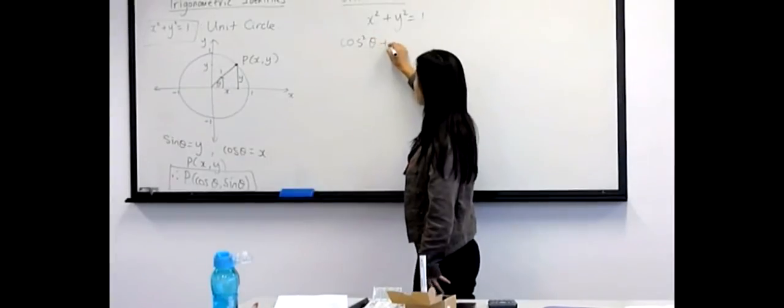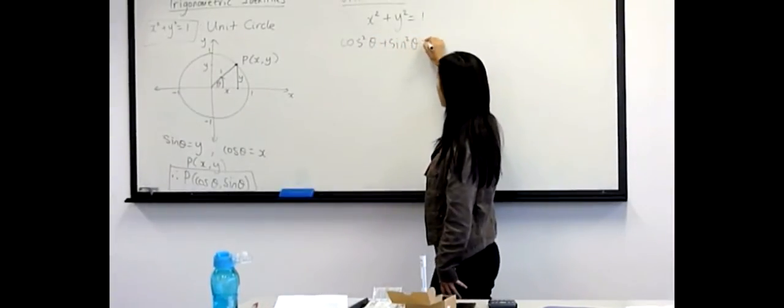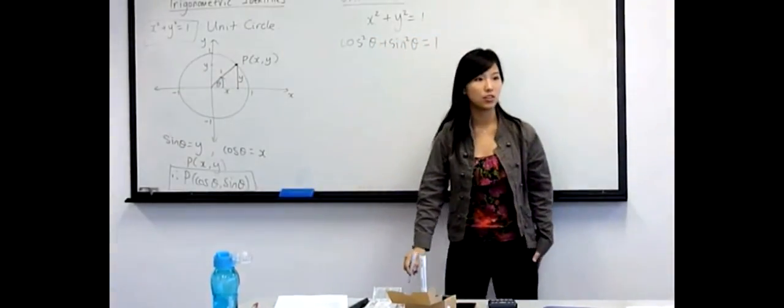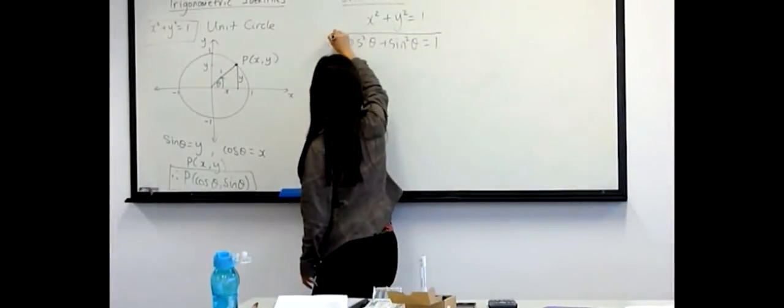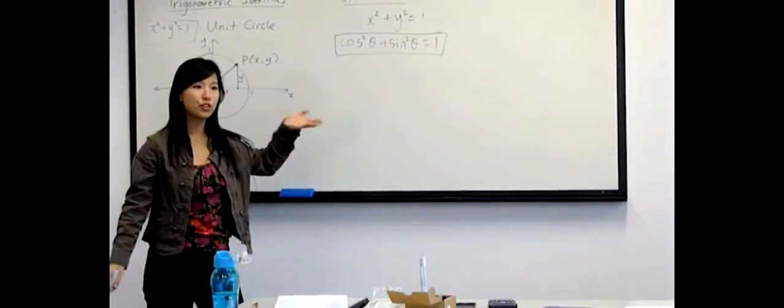We have cos squared theta plus sine squared theta equal to 1. You see that? I'm just substituting my things. So, okay, that's our first identity.